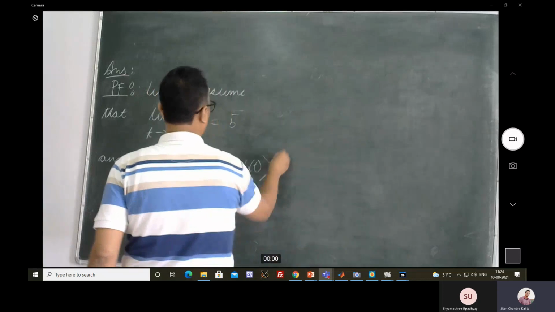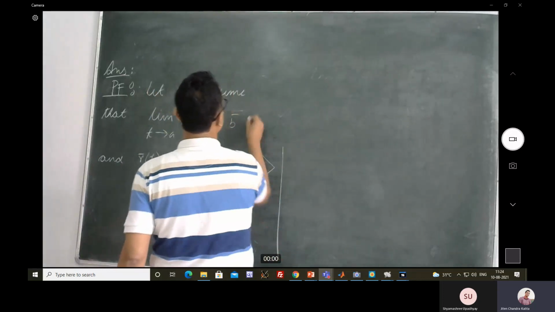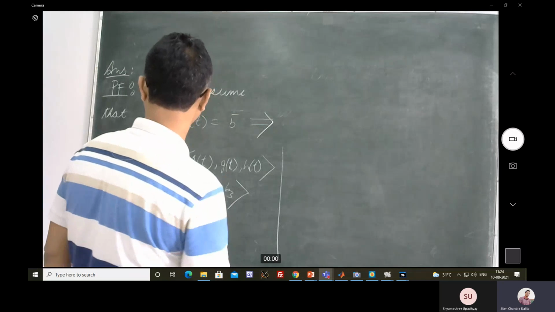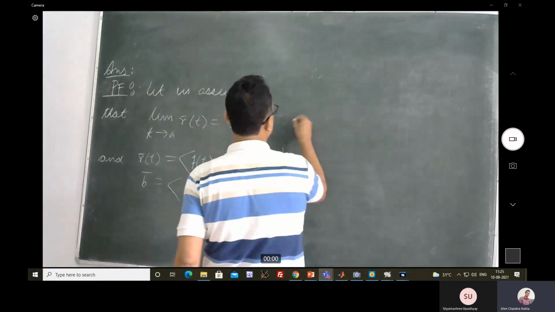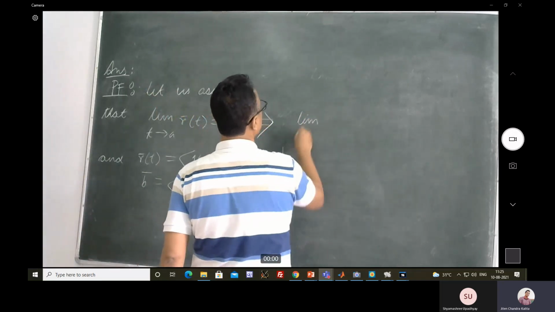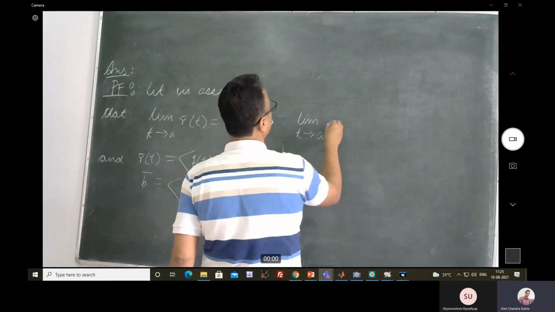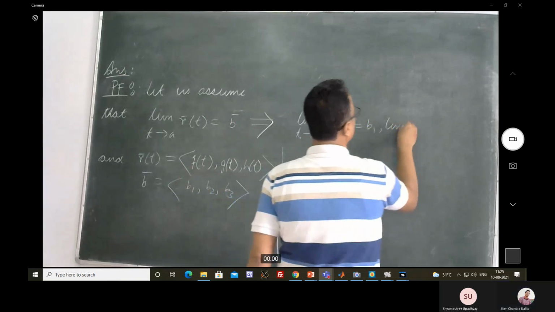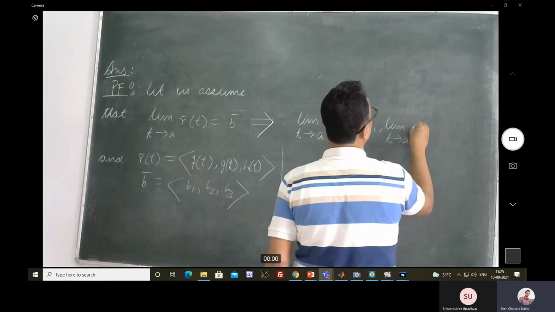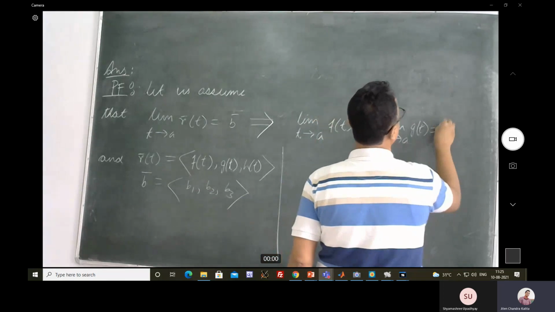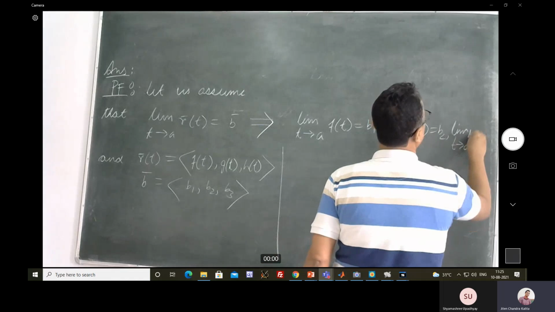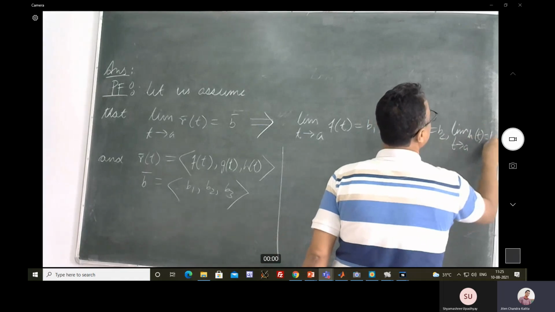Then obviously from this relation, I can find that, as I told you, the limit as t tends to A of FT equals b1, the limit as t tends to A of GT equals b2, and the limit as t tends to A of HT equals b3.